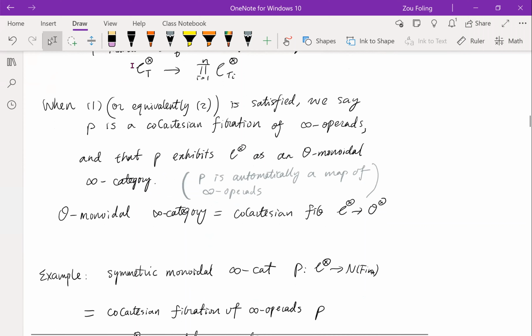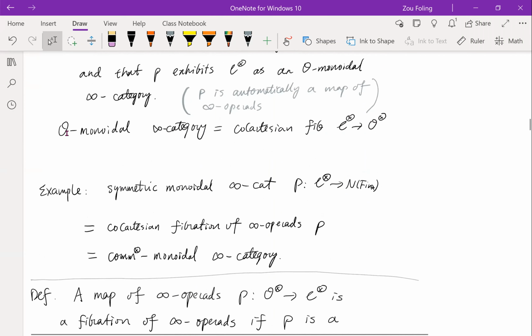And it's not explicit, but actually, if number 1 or 2 is satisfied, then P is automatically a map of infinity operads. So in summary, an O monoidal infinity category is a co-Cartesian fibration of C tensor over O tensor, where both of these are implicitly over the nerve of thin star, and being infinity operads.